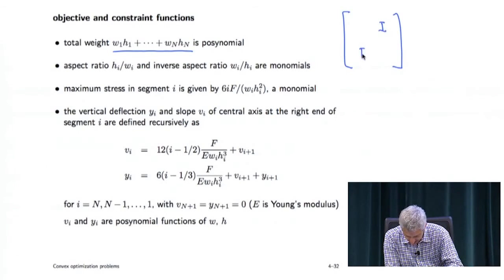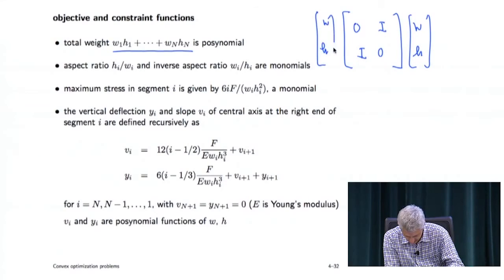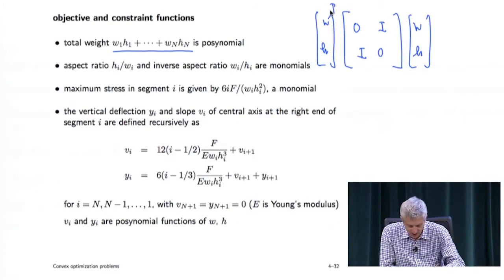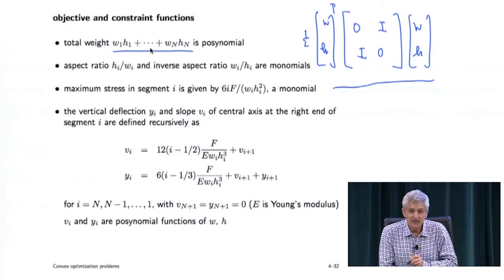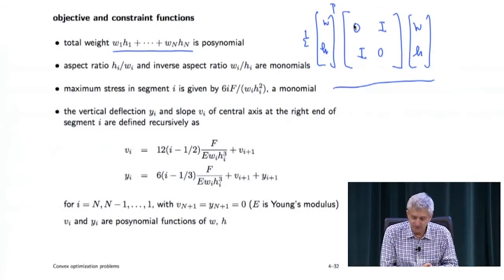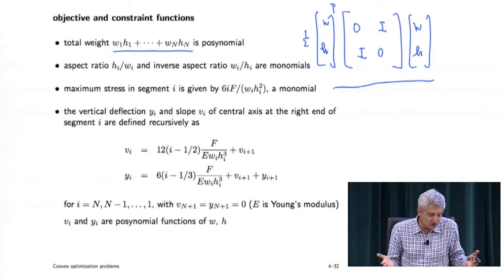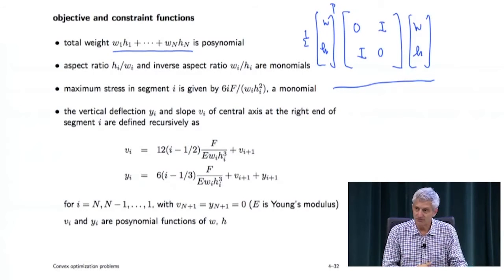There's sort of an I and a 0 and a 0, and this is your (w, h). This quadratic form is this. Of course, this thing has split eigenvalues, and it's neither convex nor concave. So the point here is just to show this is not a convex function.